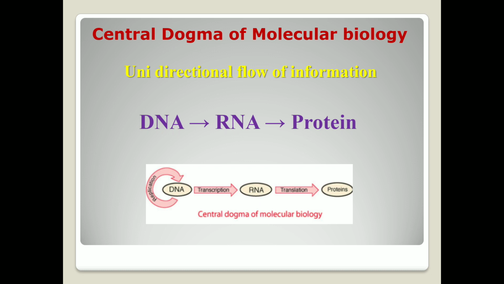DNA has the capacity to produce daughter DNA molecules, which is called replication. DNA has the capacity to produce RNA, which is called transcription. This RNA can produce proteins through a process called translation.